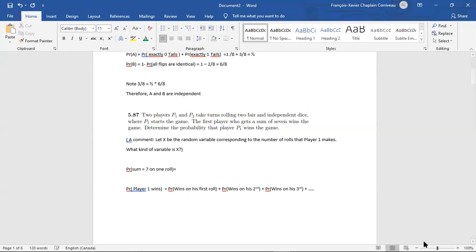The outcomes are (1,6), (2,5), (3,4), (4,3), (5,2), and (6,1). That's the size of this set over 36 different outcomes, so that's 1 over 6.